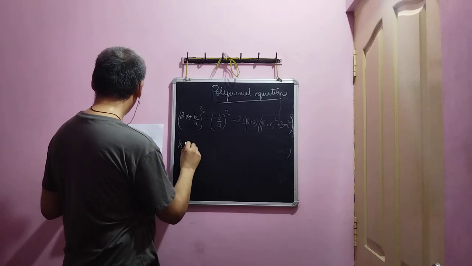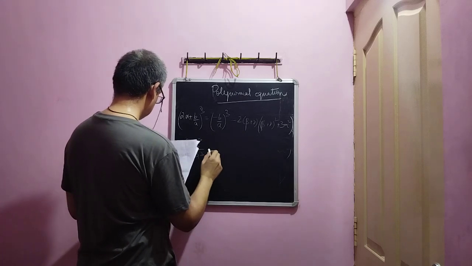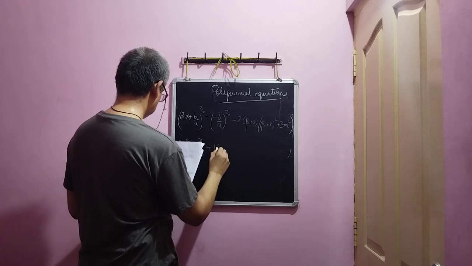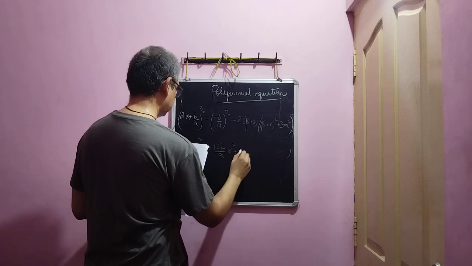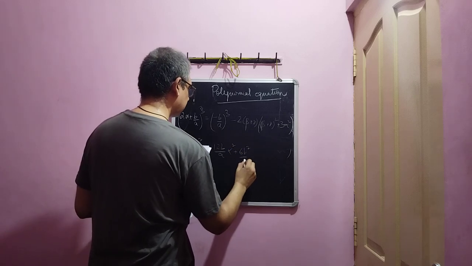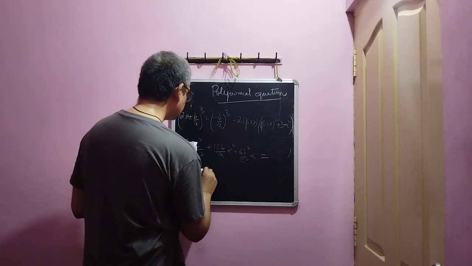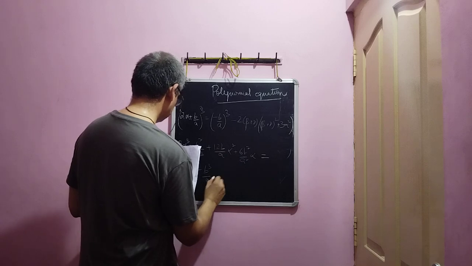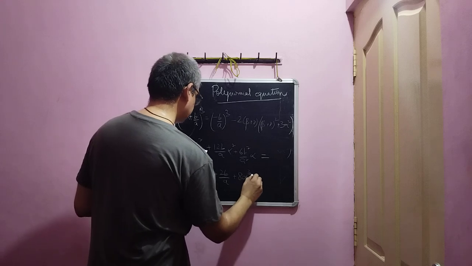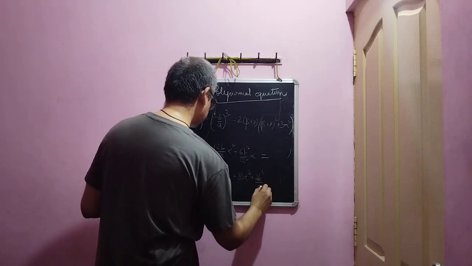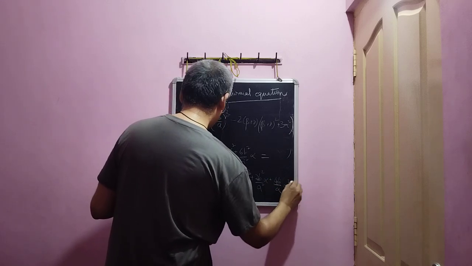It will come to 8 times alpha cube plus b cube by a cube plus 12 times b by a alpha square plus 6 b square by a square alpha is equal to minus b cube by a cube plus 2b by a plus 8 alpha cube plus 2b square by a square alpha plus 4b by a alpha square.